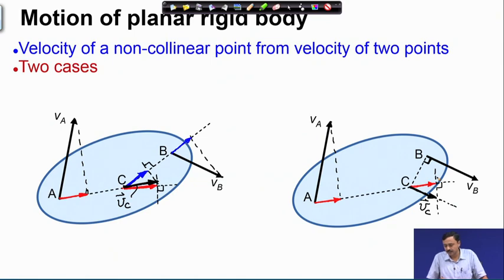So, this must be the velocity of point C. Now, this construction brings us to an important or interesting question: what would happen if I had taken the point C which lies on the common perpendiculars of both VB and VA?